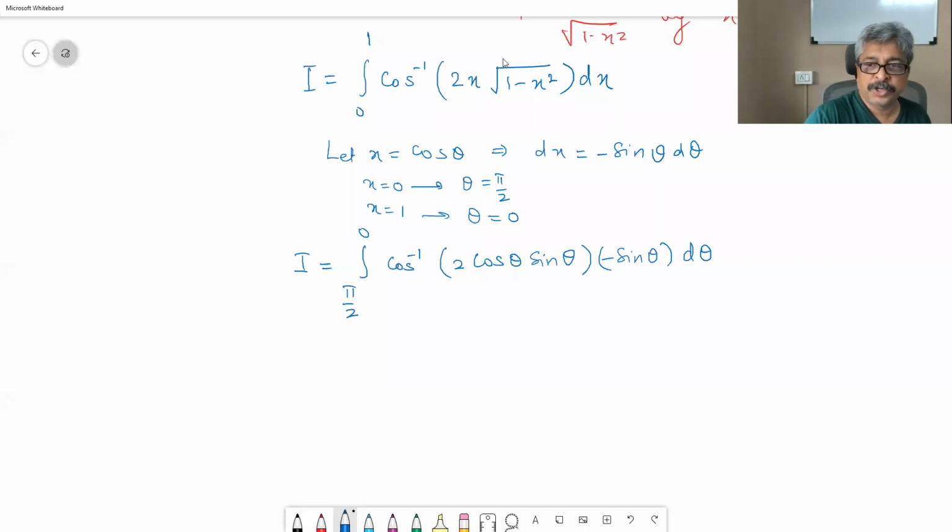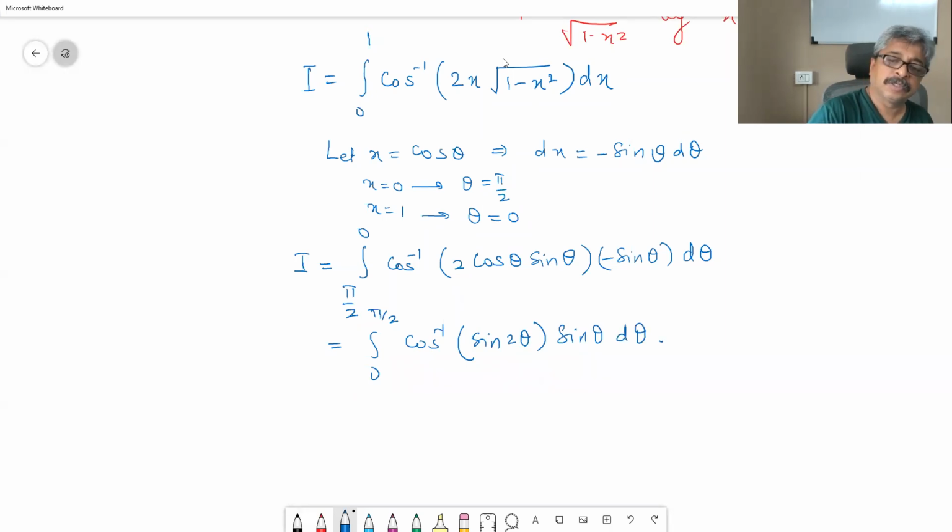I think up to this point we have not made any mistake. If I take this minus sign and change the limit, I will get 0 to pi by 2 cos inverse. I can write down this as sine 2 theta sine theta d theta.